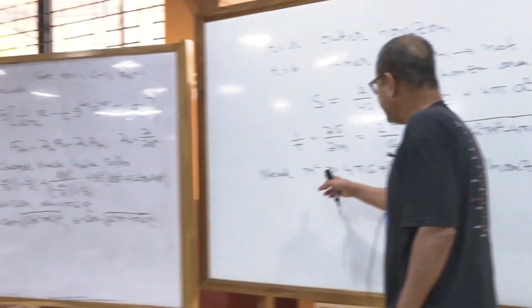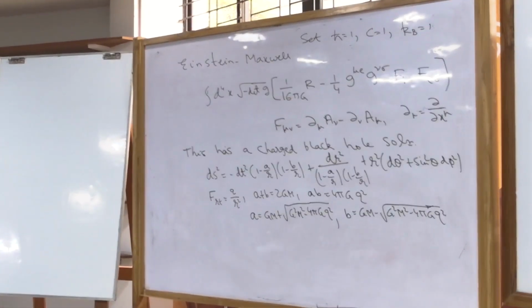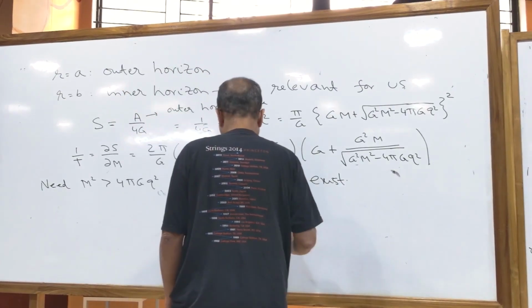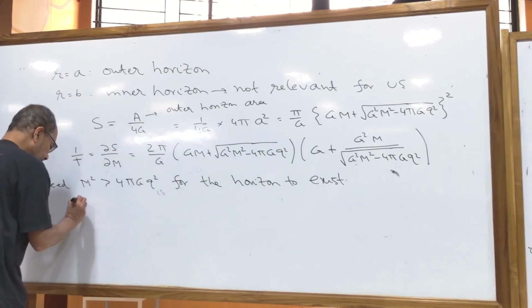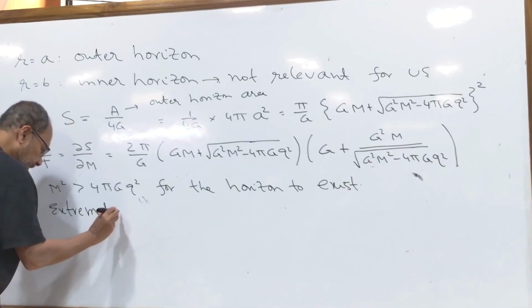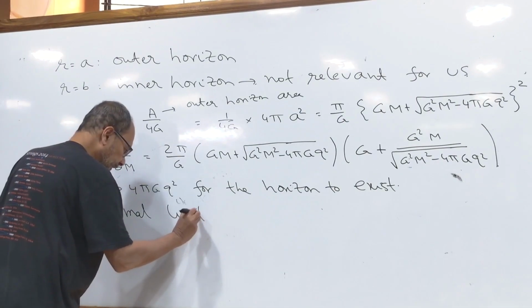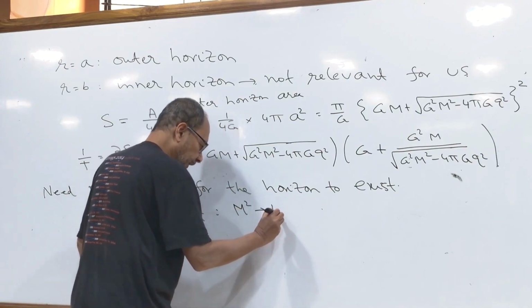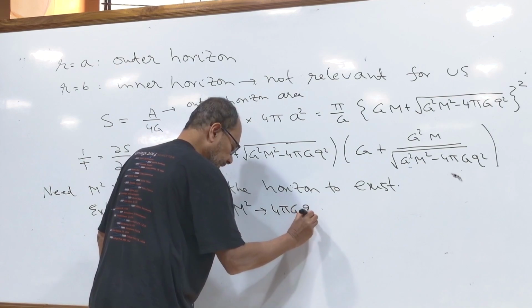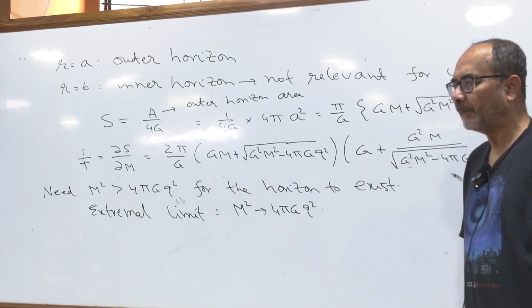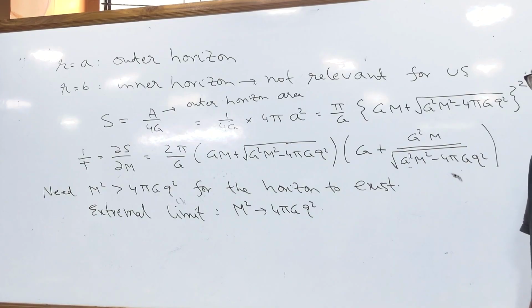Now, this limit when m square approaches 4 pi G q square is called the extremal limit. Okay, this is the minimum mass that you can have for a given charge.